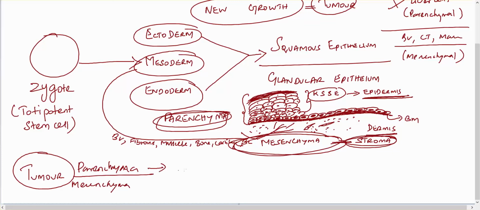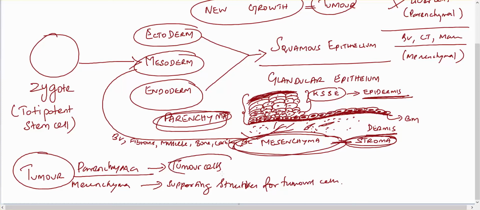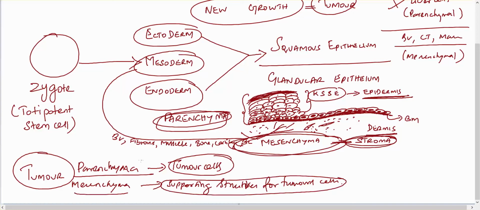Parenchyma is the tumor cells, and mesenchyma is the supportive structures for the tumor cells, because the tumor cells also need blood supply to grow. That's why they also get supportive structure and are called mesenchyma. Parenchyma belongs to the tumor cells component, and mesenchyma means supportive structures to the tumor cells.